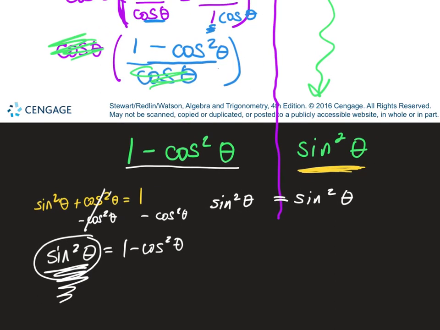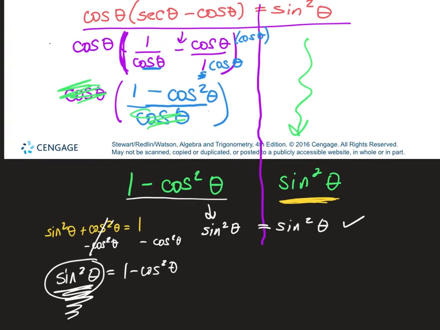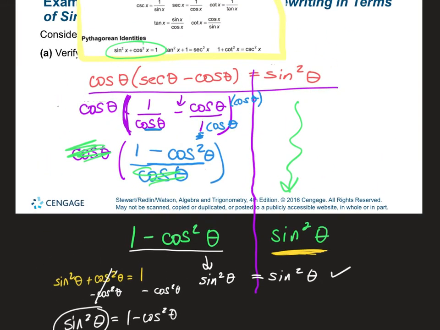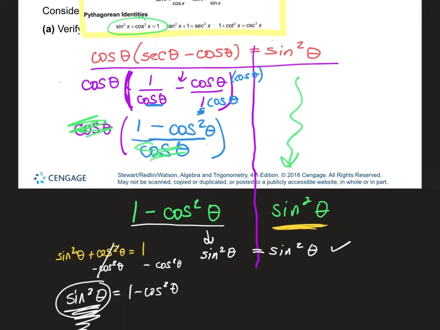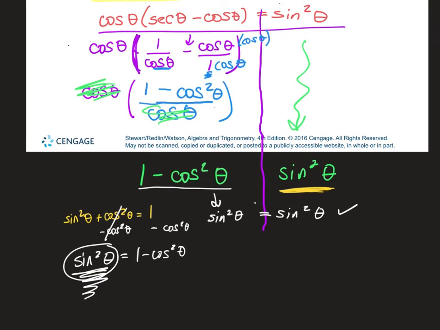Is that a true statement? Yeah, those things are equivalent. So you guys just proved to me that this gross thing in red, cosine theta times secant theta minus cosine theta, equals sine squared theta. You just went through the steps to show me that. This right here that I just circled is not my answer, guys. The meat in the middle is my answer.